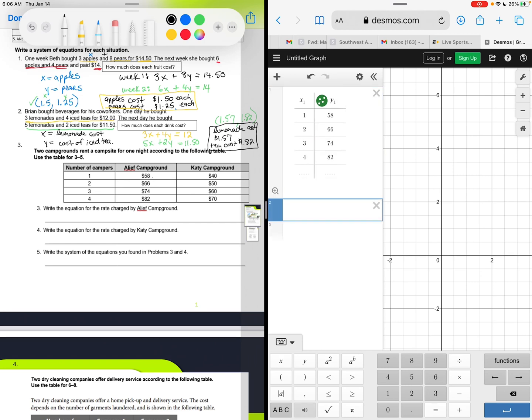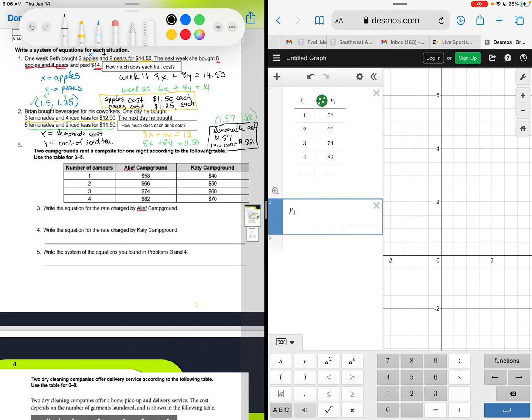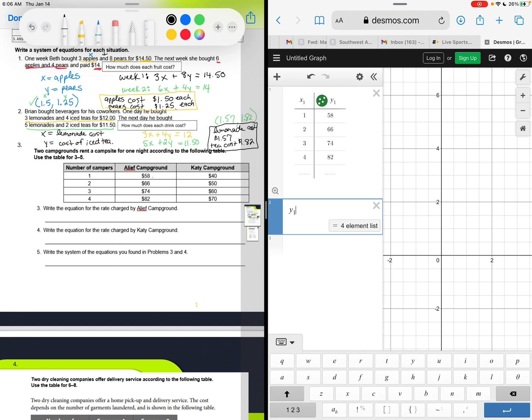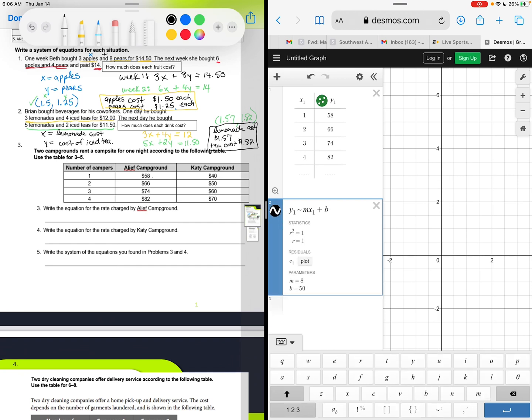All right, now that we have this in here, we're going to go to our line 2, and we're going to write our formula to tell the calculator to give us an equation. So we write y sub 1, squiggly, mx sub 1 plus b.